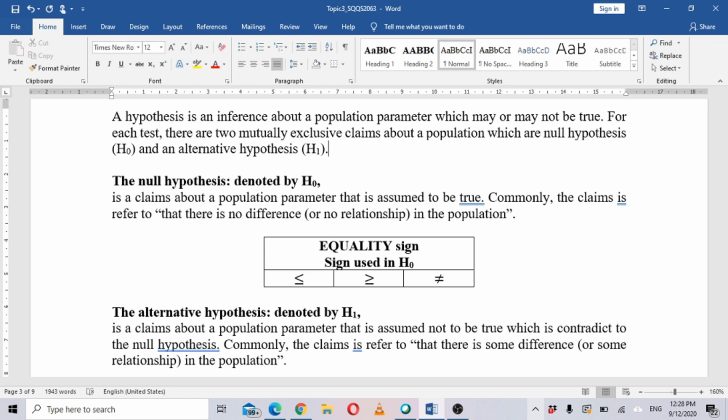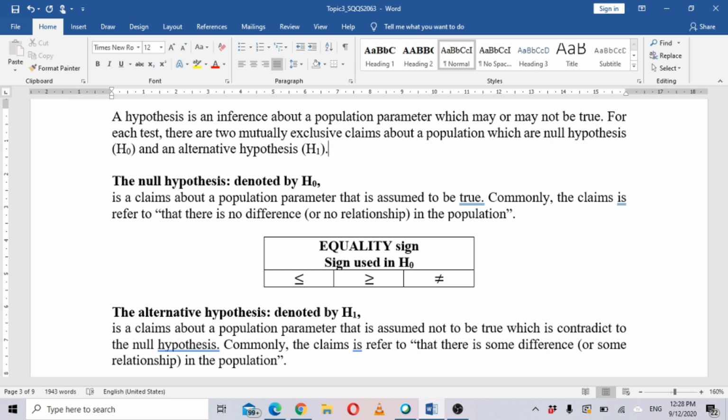Commonly, the claim is that there is no difference or no relationship in the population. The alternative hypothesis, denoted by H1, is a claim about a population parameter that is assumed not to be true, which is contrary to the null hypothesis. Commonly, the claim is that there is some difference or some relationship in the population.